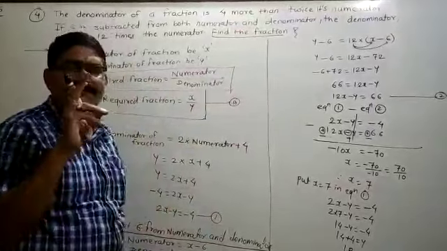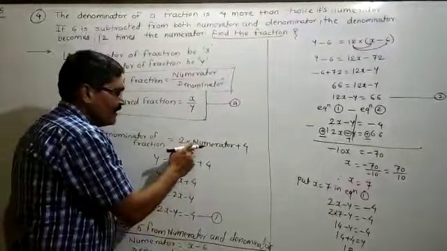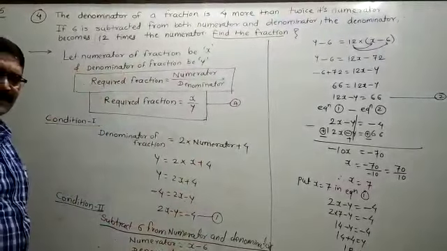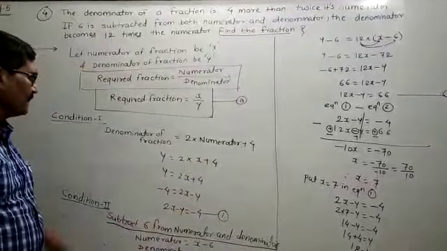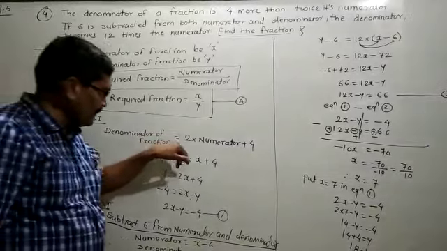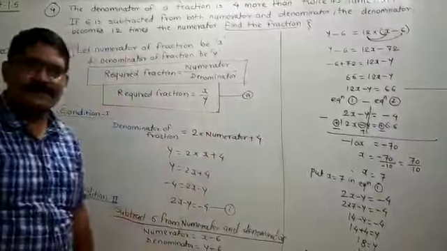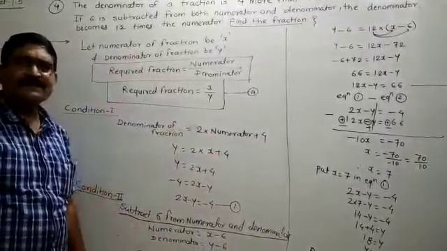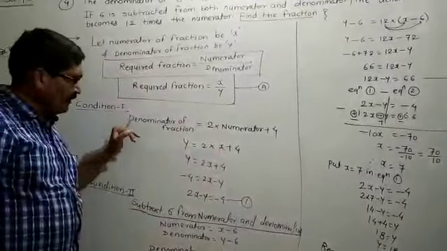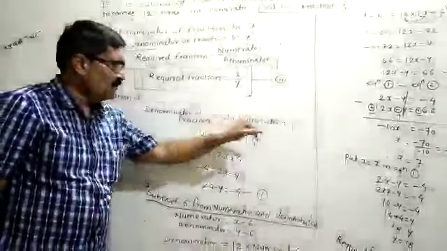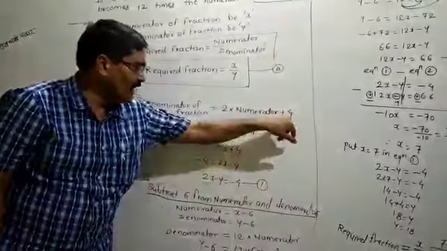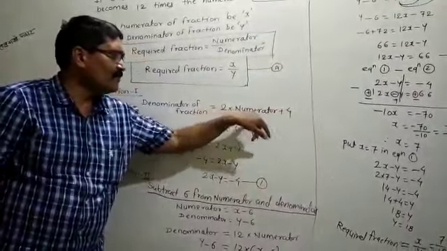Twice its numerator means 2 times numerator, means 2 multiplied by numerator. The multiplied by sign means times.